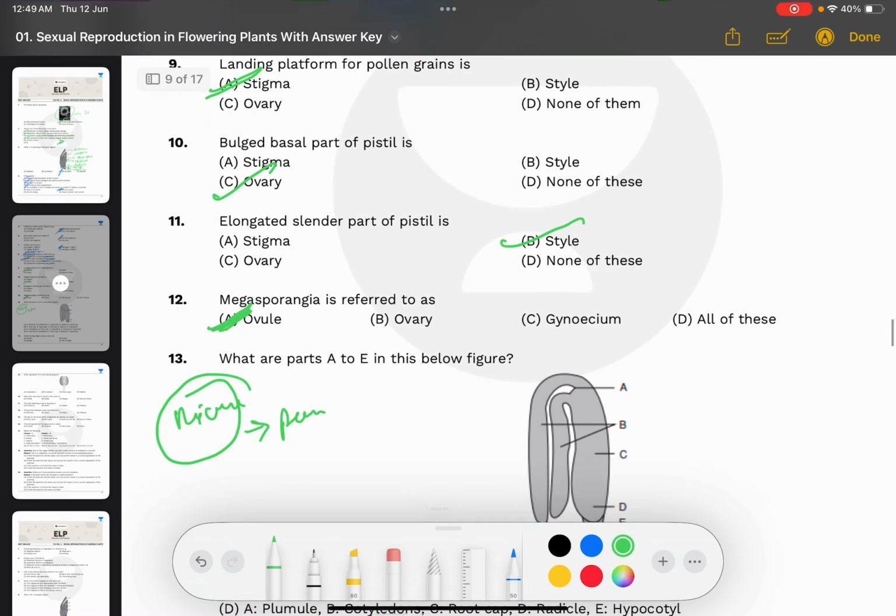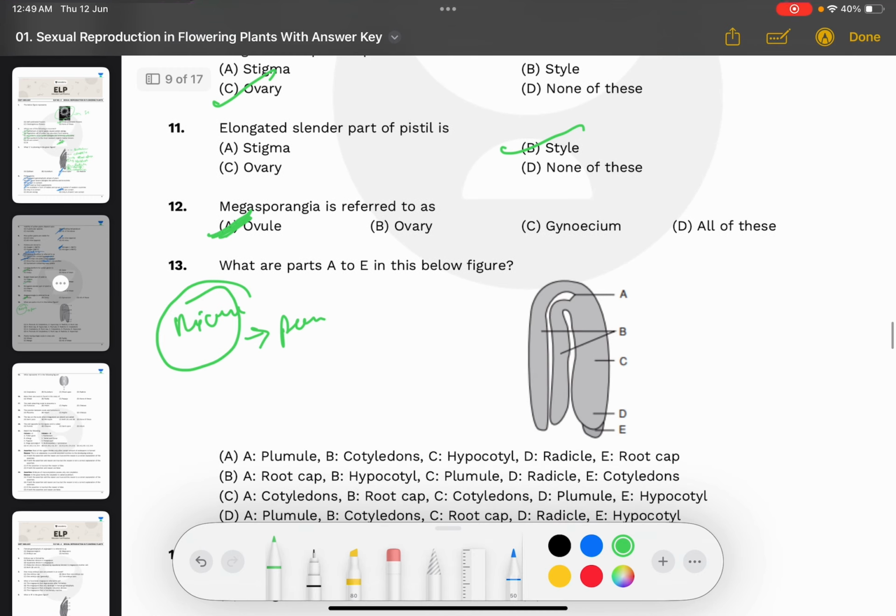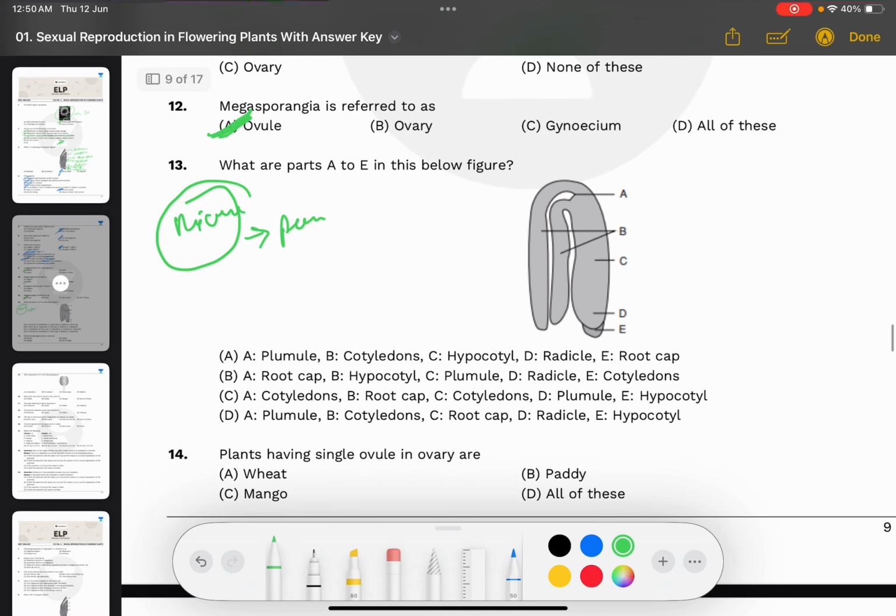Now let's talk about the next question. What is A? What is B? What is C? So here B is the cotyledon, here and here. A is plumule, also right. E is coleorhiza, I see it.